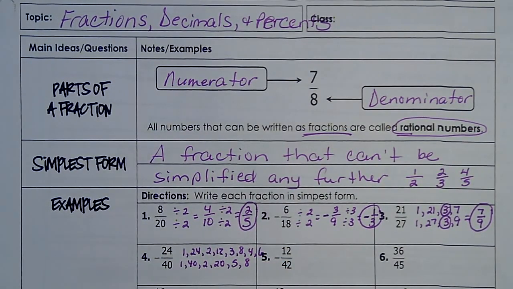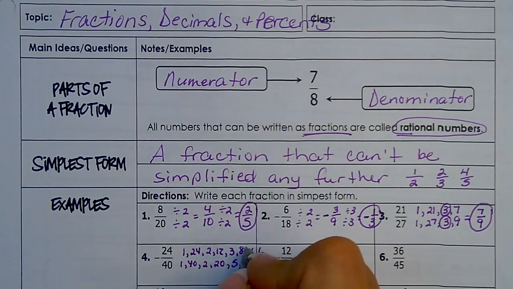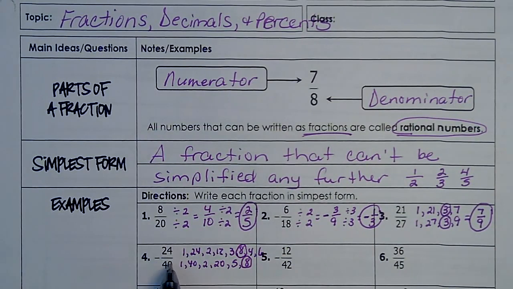All right, so looking through these, it looks like 8 is my greatest common factor. So that means I can divide both of these by 8. I get 3/5. So that's simplest form.